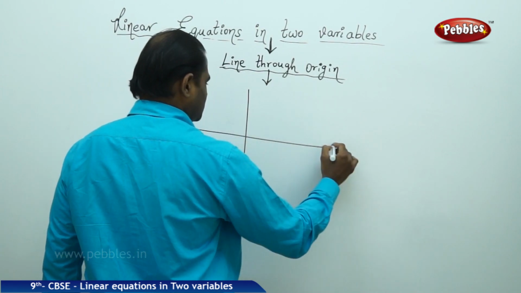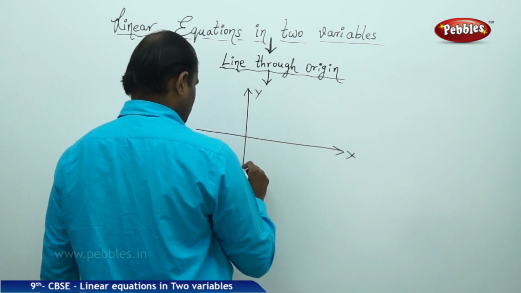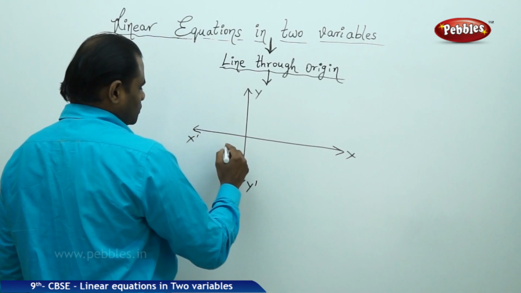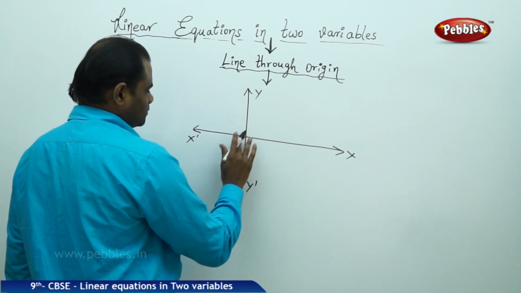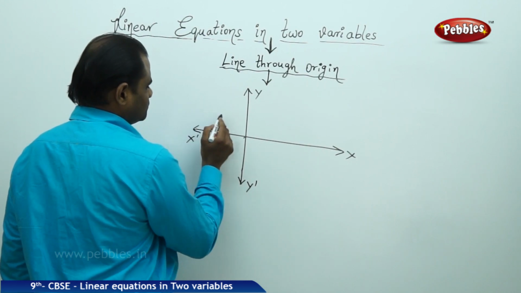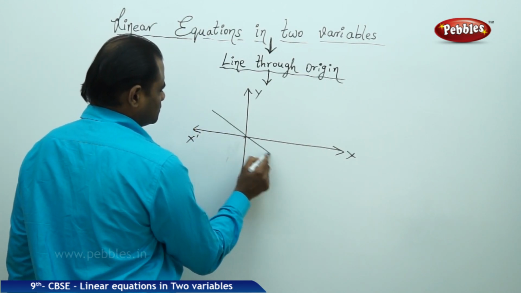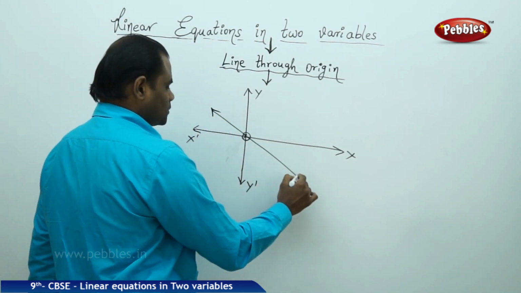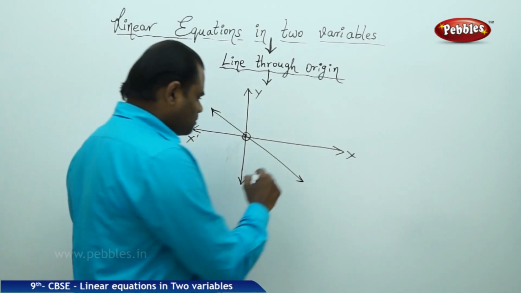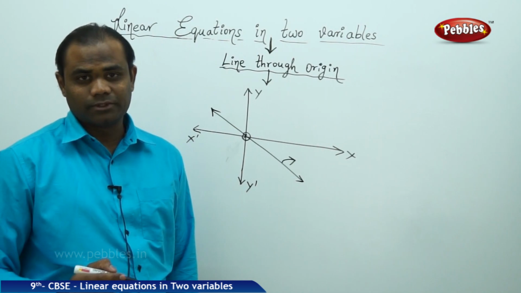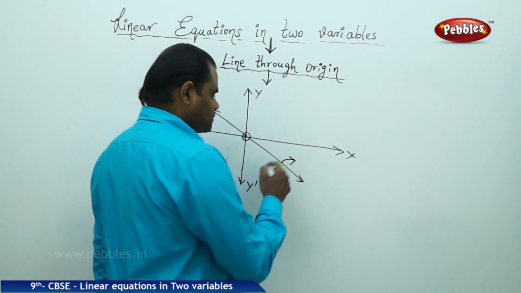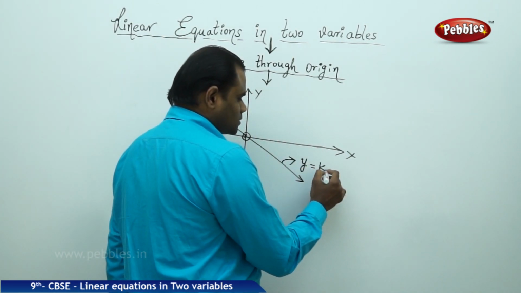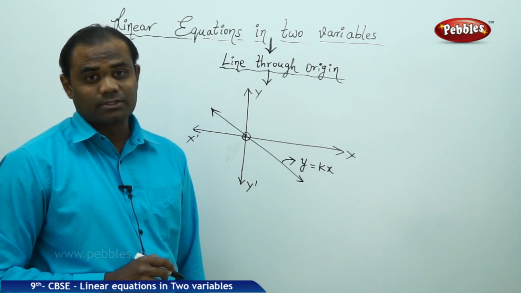For example, I have the x-axis and y-axis, and I want to identify a line which passes through origin. So when a line passes through origin, what would be its equation? How does the linear equation look like? In this case, a linear equation would be in the form y equals kx.